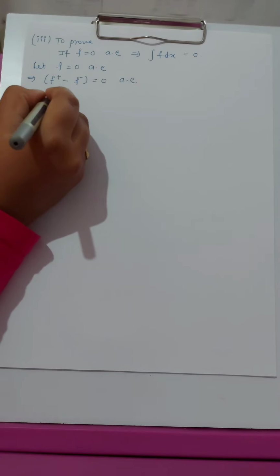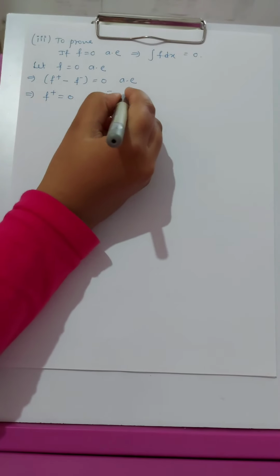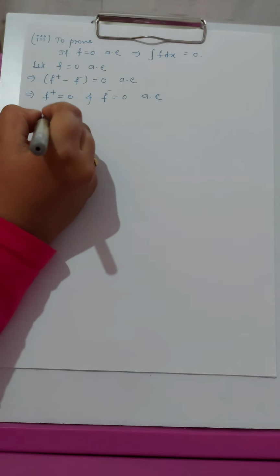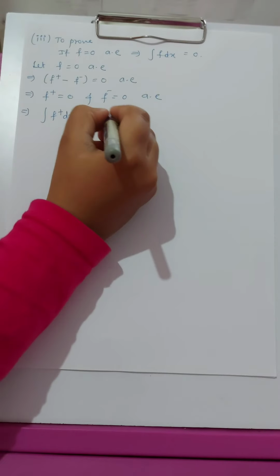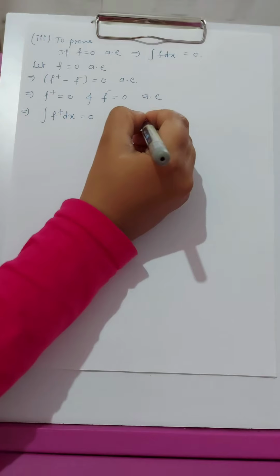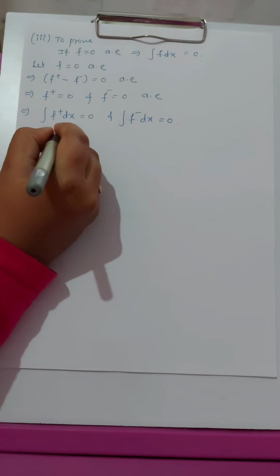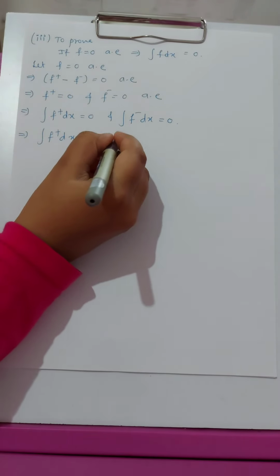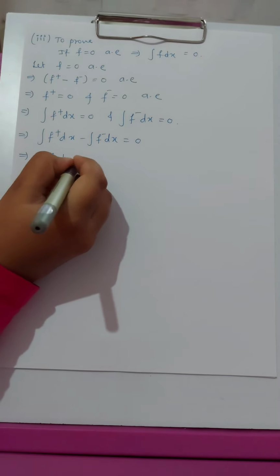Again this implies that the positive part of the function is equal to 0 and also the negative part of the function is equal to 0 almost everywhere. Therefore the integration of the positive part of f is equal to 0 and the integration of the negative part of f is equal to 0. So this implies that the integration of f plus dx minus the integration of f minus dx is equal to 0. This implies the integration of f dx is equal to 0 by the definition of an integrable function.